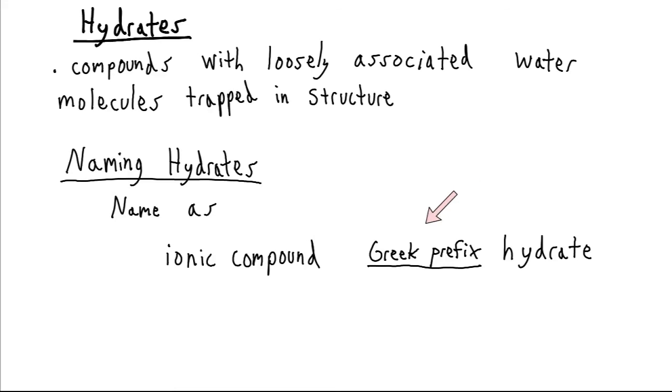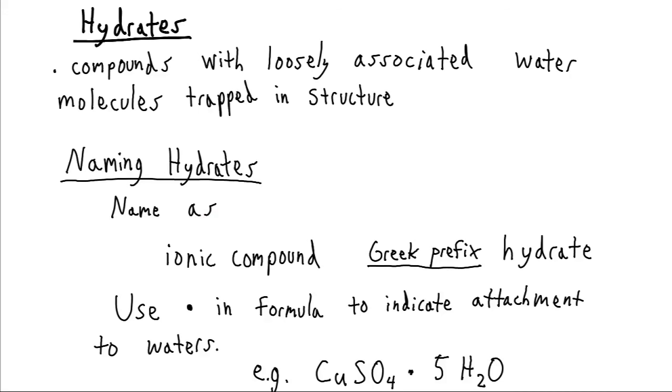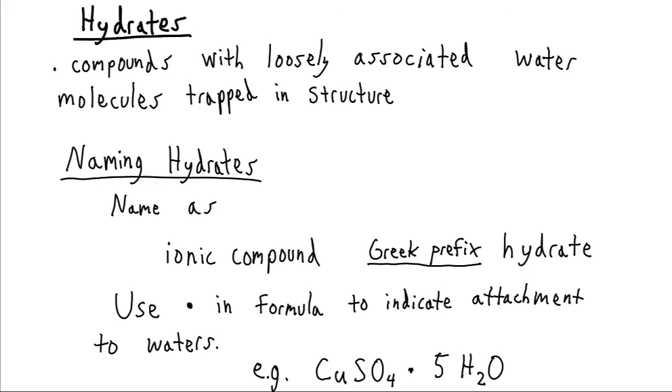And then we just throw in a Greek prefix to indicate how many water molecules are, in general, associated with each formula unit of the ionic compound. And we use a dot kind of in the center to show that we have these water molecules loosely attached, but they aren't actually bonded as part of the formula. So if we have copper sulfate, and we add 5 waters, then we write this dot and say that there are 5 waters to go along with each Cu and each sulfate.